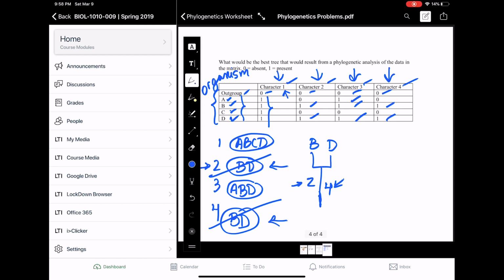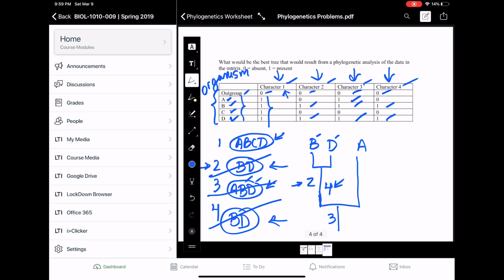And then we move on by looking at the next group of organisms, right? And we always look at the smallest group, right? So we have 4 organisms right here, and we have 3 organisms right here. So we're gonna choose 3, right? So we have B, D, and we're gonna write A, and we write 3 as a character.